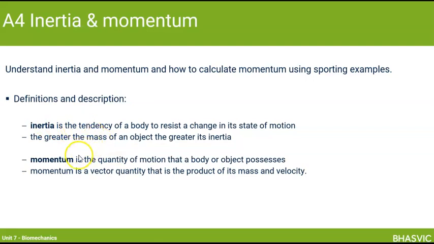Inertia is a scalar, momentum is a vector. Momentum is then a description of the motion that an object possesses. And again, it's highly related to mass and velocity. The fact that mass tends to be constant means it's the velocity of an object that often is key to changing an object's momentum.